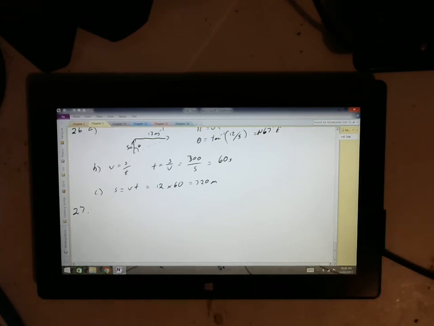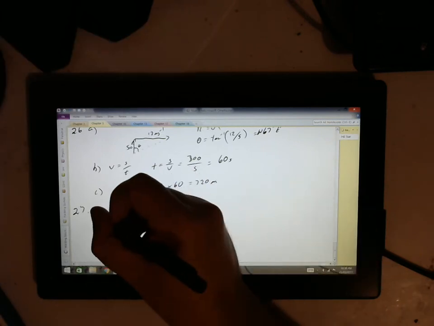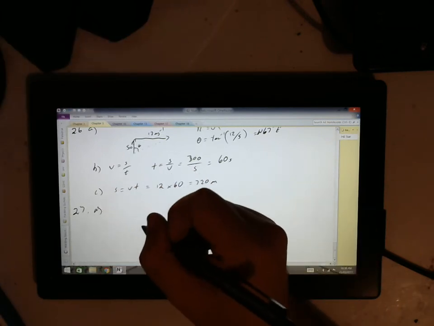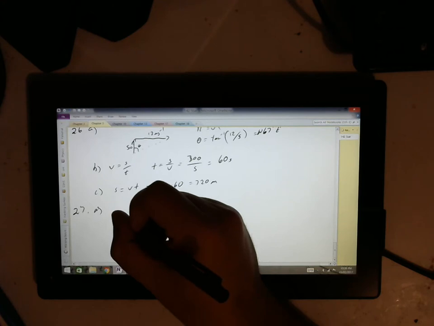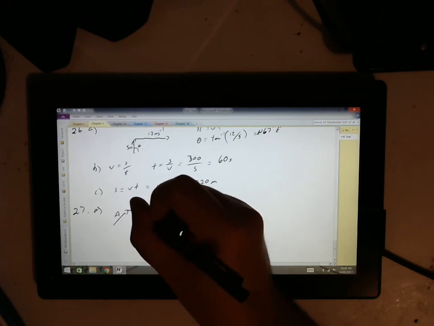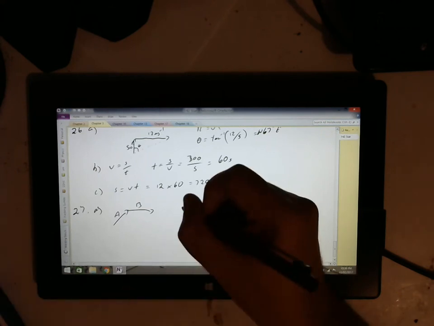27. For figure 3.33, show by means of a sketch how you would add the two vector quantities, subtract, and then multiply. Okay, so similar to what we did before, we've got our vectors drawn. So adding A plus B, that's vector A, that's vector B. Done.